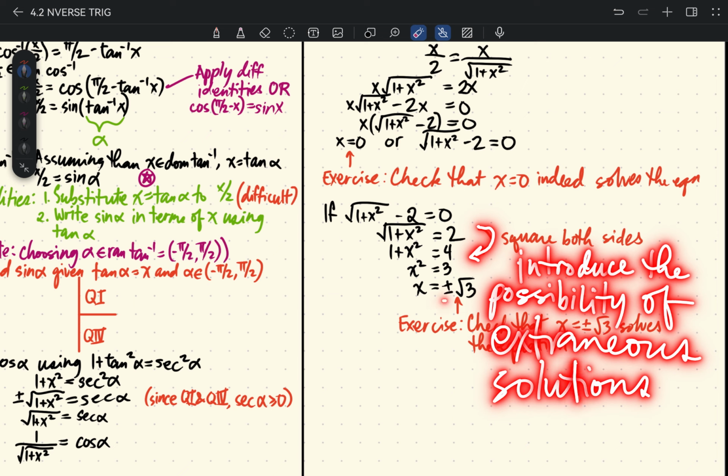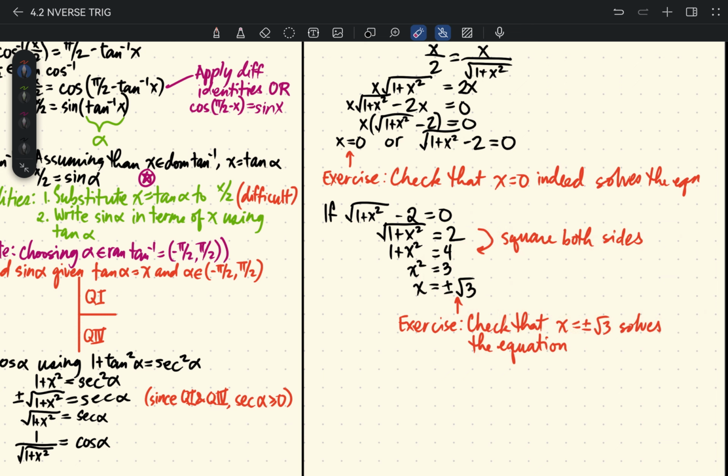And so it's possible that one of them is not really a solution of your equation. But it turns out both of them solve the original equation. So we have three answers here. We have x equals 0 and x equals plus minus square root of 3.